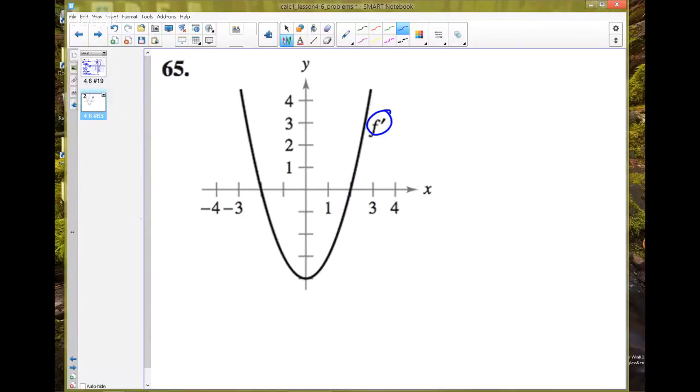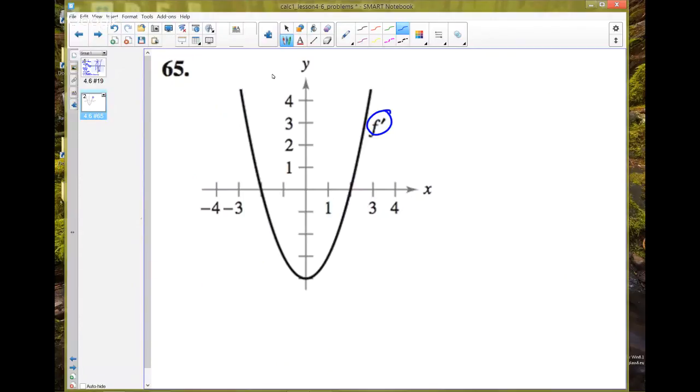Now, they give us very many clues. All we know, we don't know any points that the graph is on. From looking at the derivative, you cannot gain any actual f points, but we can get f shape.